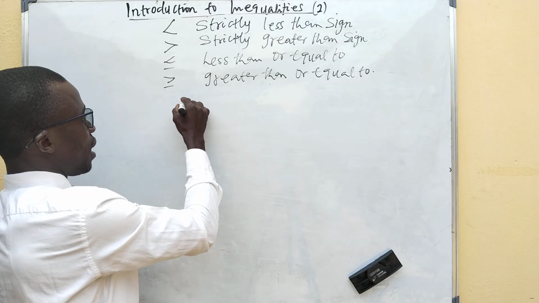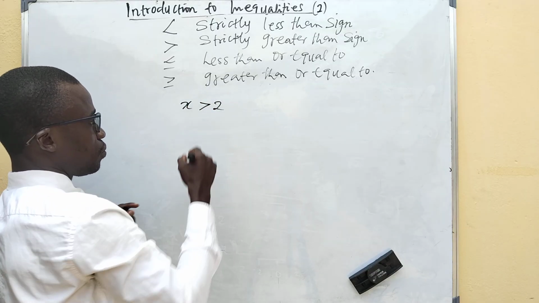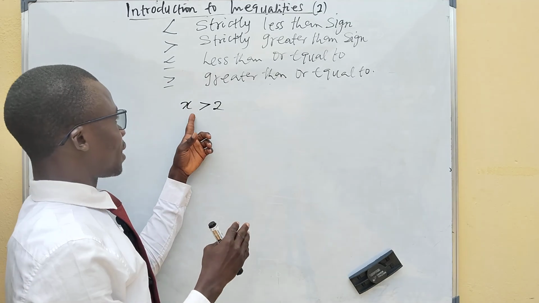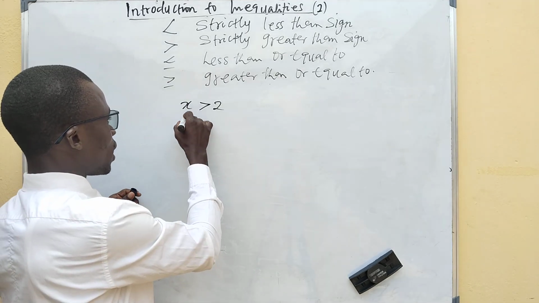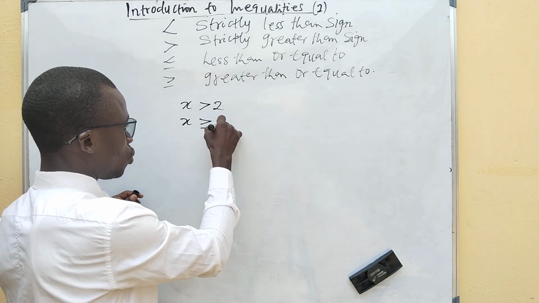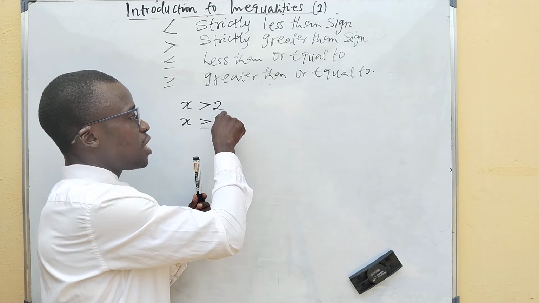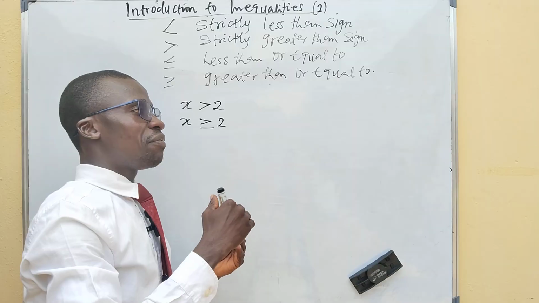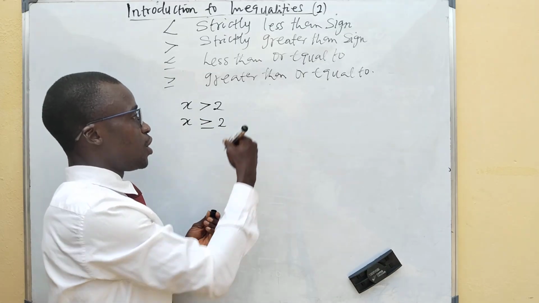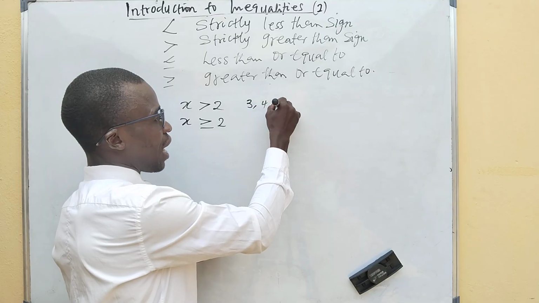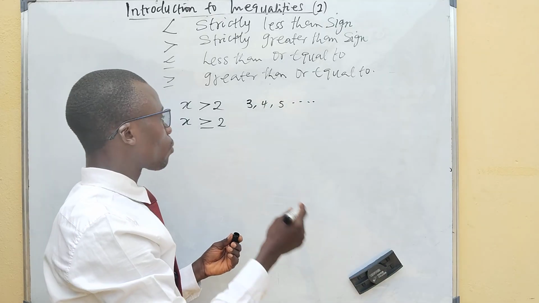If I have x is greater than 2, this strictly means x is greater than 2, which is not the same as x is greater than or equal to 2. What is the range of values here? The first one means the values of x will be 3, 4, 5 till infinity.